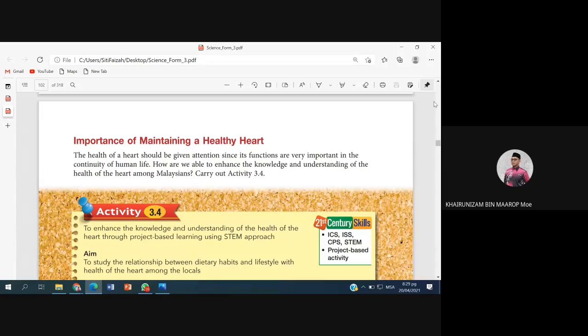Kamu tekan di tangan kamu begini, kamu akan ada rasa pulse situ. Okay, and then kamu tengok dalam 1 minit, kamu kira berapa, dalam 1 minit ke dalam buku ni. Okay, first you need to do 10 second, and then you need to do in minute, 1 minute.